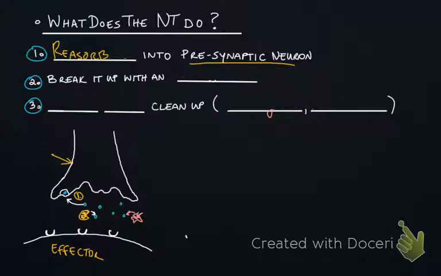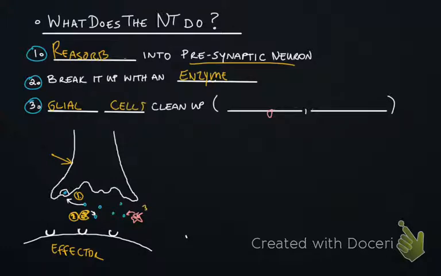Okay? Or it could be broken up with an enzyme. We've talked about one of the enzymes that breaks up a neurotransmitter. If you remember, what is the enzyme that breaks up acetylcholine? It was that real long word, acetylcholinesterase. I know that's a mouthful. So here we have our little Pac-Man enzyme breaking down a neurotransmitter. And then the third option is to have special types of cells called glial cells clean up that leftover neurotransmitter.